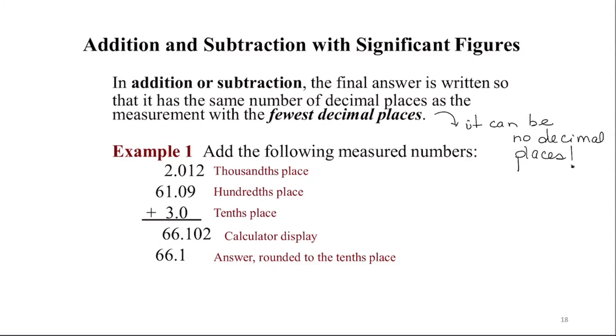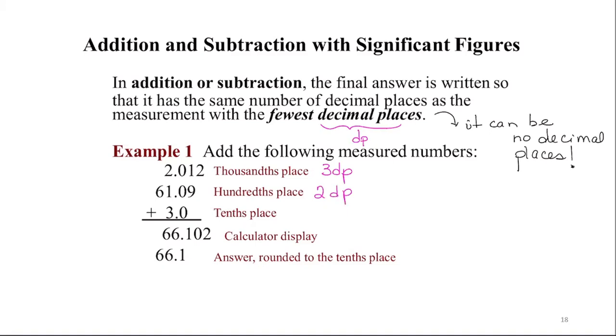So here we have an example of addition. We have 3 different measured values. The first one has 3 decimal places. My shorthand for decimal places is DP. The second value has 2 decimal places.